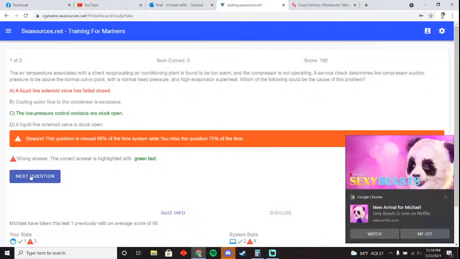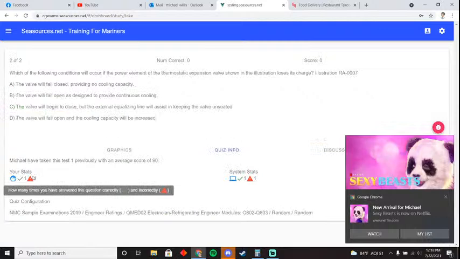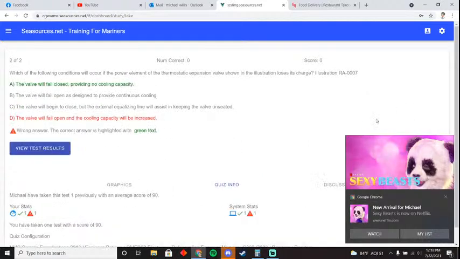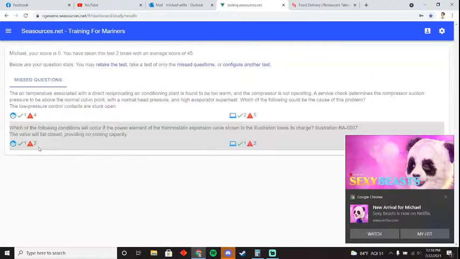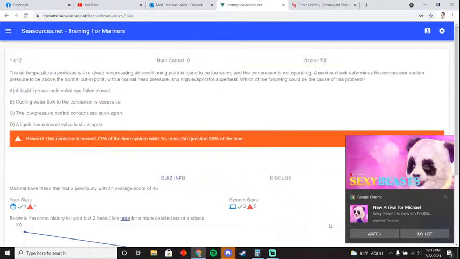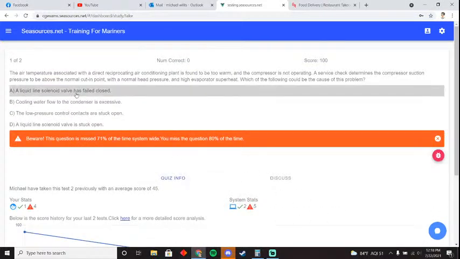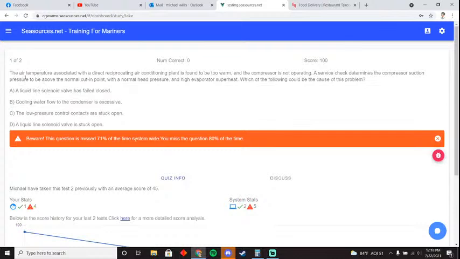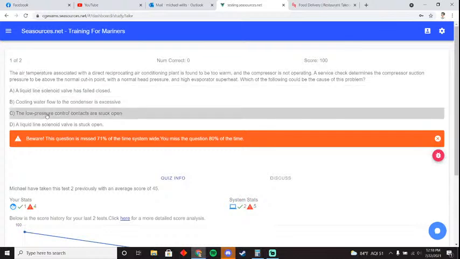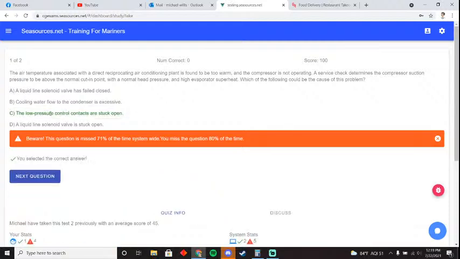Oh, I viewed it wrong again. Stop it, I didn't mean to do that. I was trying to close this. So the low pressure control contacts are stuck open.